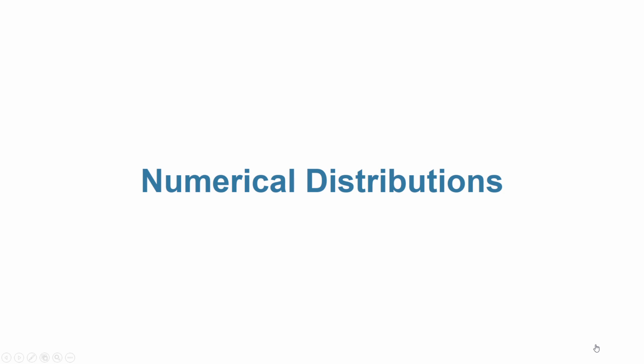We talked about numerical distributions. So bar charts are used for categorical distributions, right? When I have a categorical variable that has individual specific values, then I can see the distribution of that variable using a bar chart, okay? But for numerical variables, it doesn't make any sense to plot individual values of this numerical value, especially if it's a real number, for example.